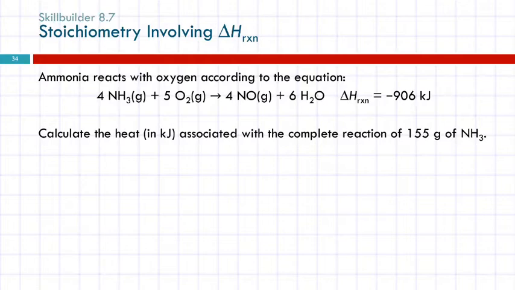So under ammonia, I'm going to write 155 grams. And then I'm going to look for what they are asking me to find. They want heat in kilojoules. Well, this is the term that specifies amount of heat. So I'm going to put a question mark over here. Question mark, and they're asking particularly for kilojoules.